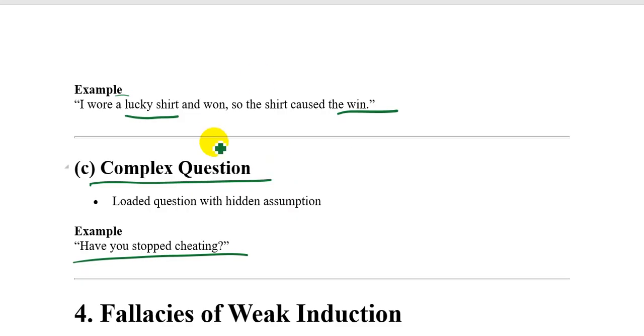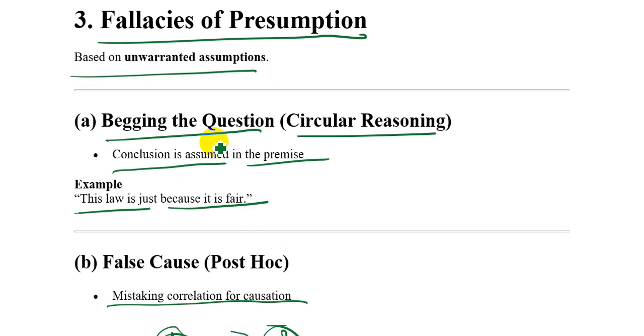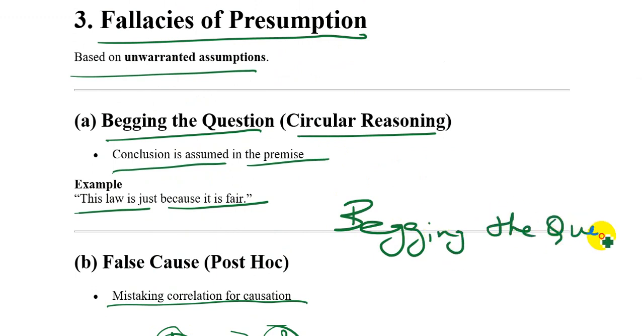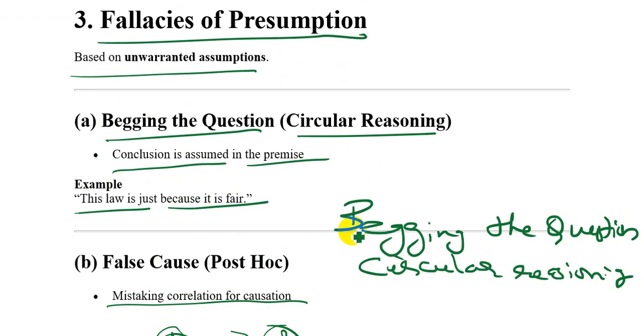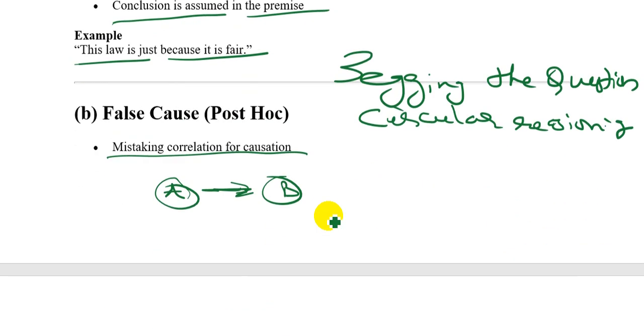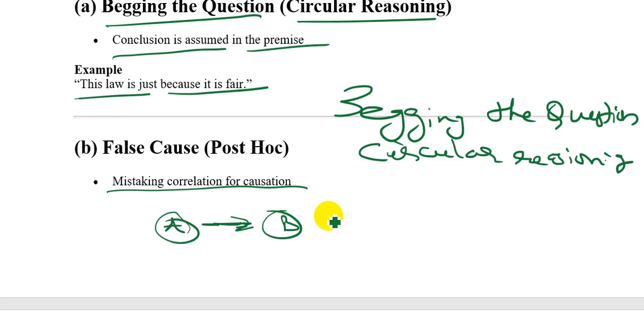So what we have are three of them. One is begging the question, also known as circular reasoning. Then second is complex question.